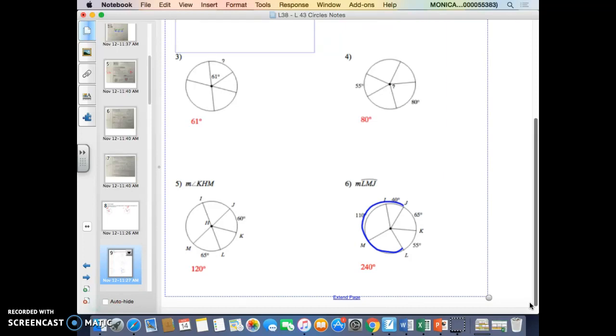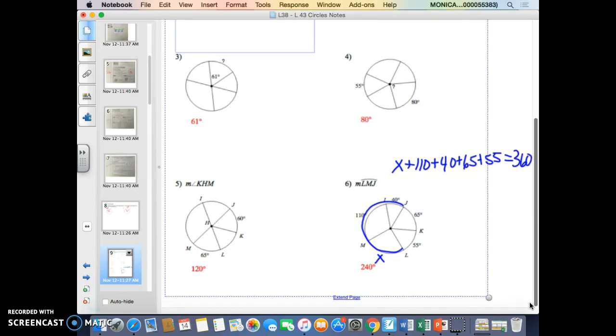We know this is 40. We know this is 110. Now, how can I figure out what this is here first before I can add all my arcs up? Well, we know all the way around the circle is 360. So I know that x plus 110 plus 40 plus 65 plus 55, so the whole circle, is going to have to equal 360.